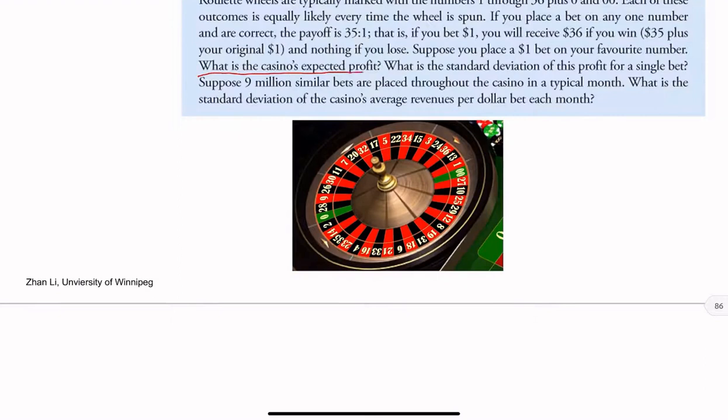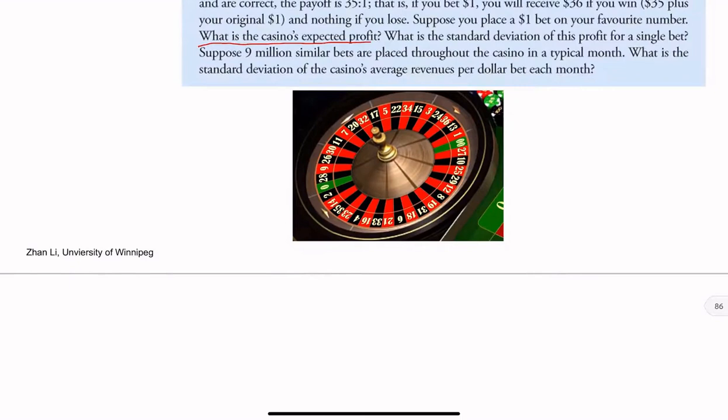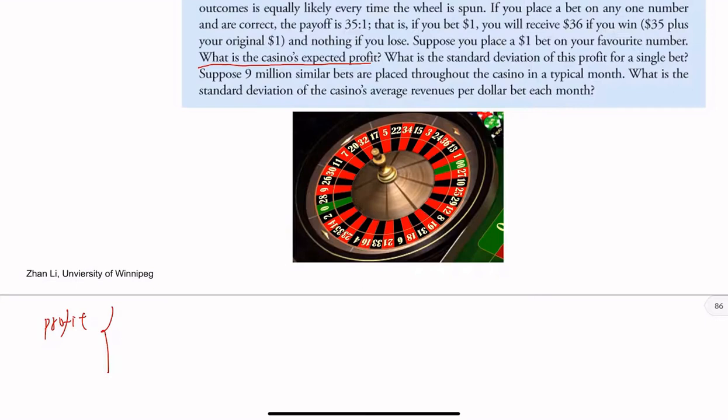What is the casino's expected profit? To calculate expectation, you want to first find out the probability distribution. So let's see what is the probability distribution of the firm's profit, right? So the problem says if you're right, your payoff is 35 to 1, and nothing if you lose, right?